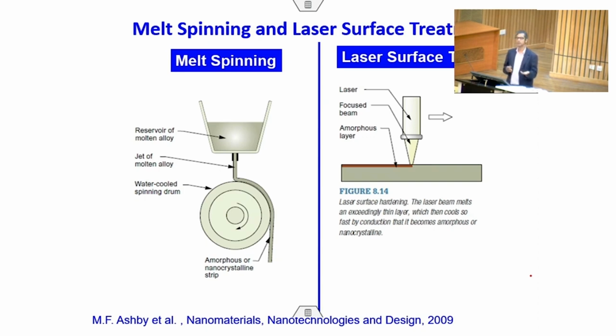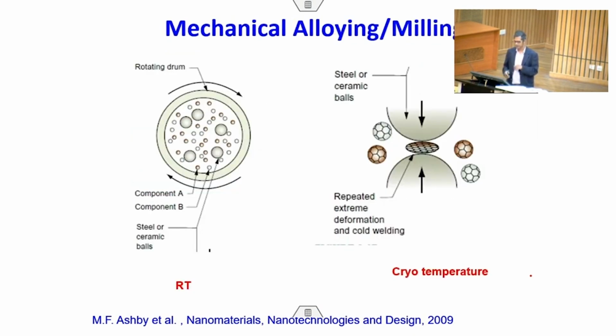Melt spinning is a widely used technique to prepare these nanomaterials, which we have discussed a lot, and this is a rapid solidification route. In laser surface melting, you melt a thin layer on the surface of the sample, and this thin layer solidifies rapidly, and that is how you can prepare nanomaterials, correct.